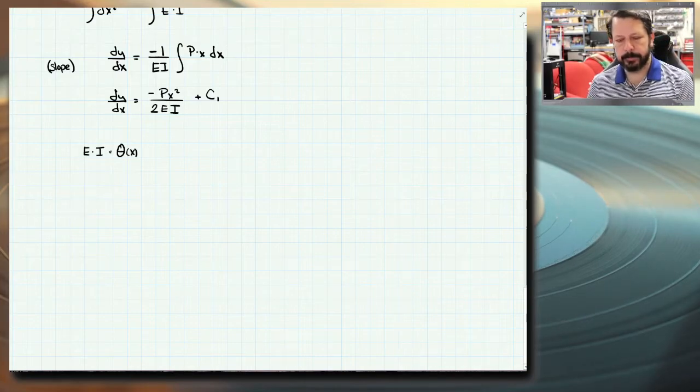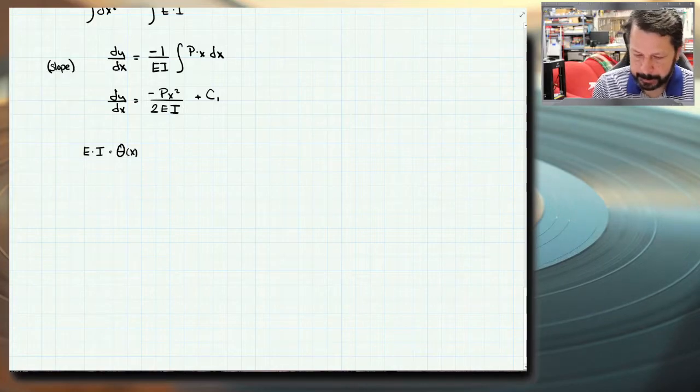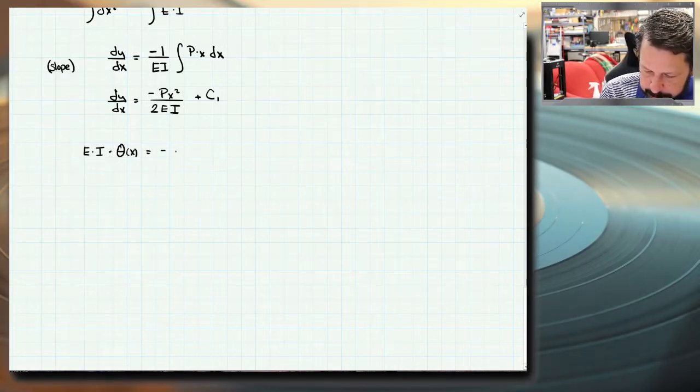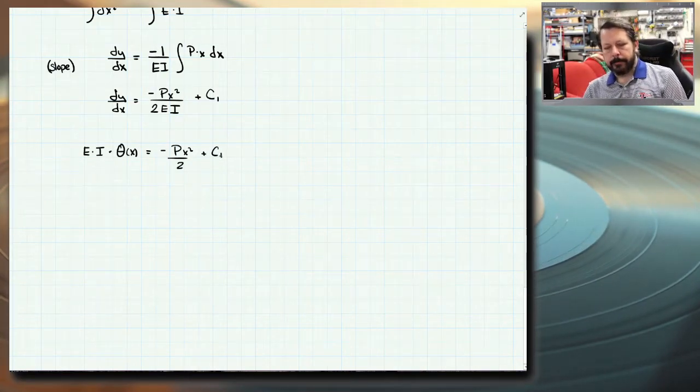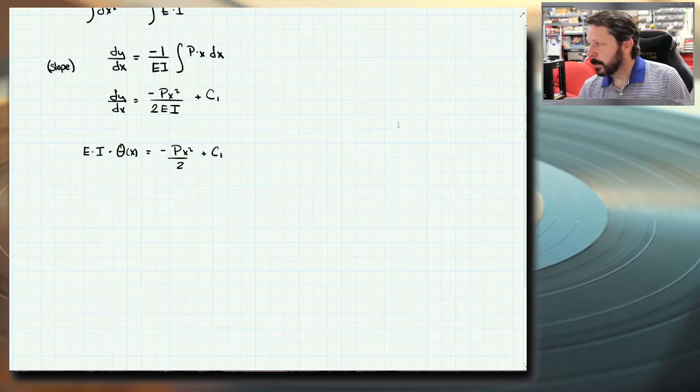I just multiplied both sides by EI, basically. And then I'm left with negative p x squared over 2 plus c1. I suppose I could move the 2 over as well if I wanted to, but I'm going to leave it there. So now I need to find a value for c1.